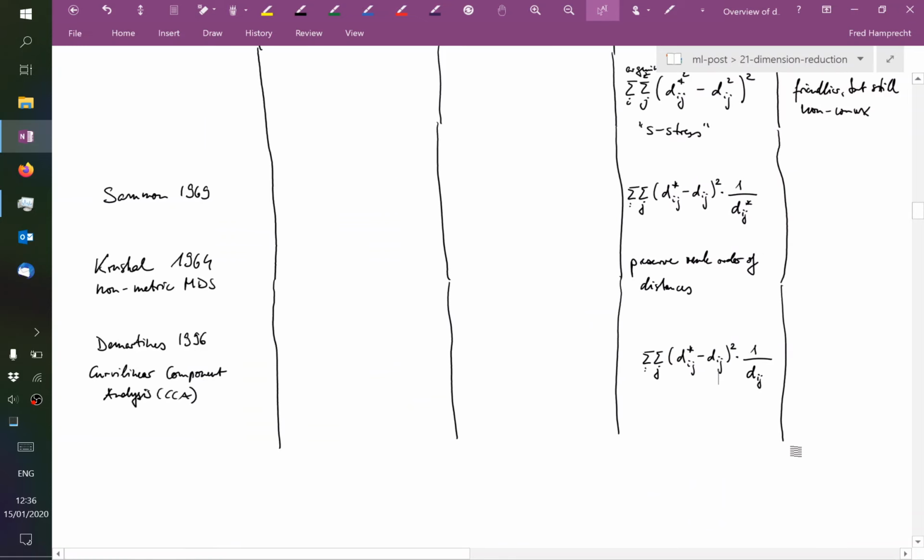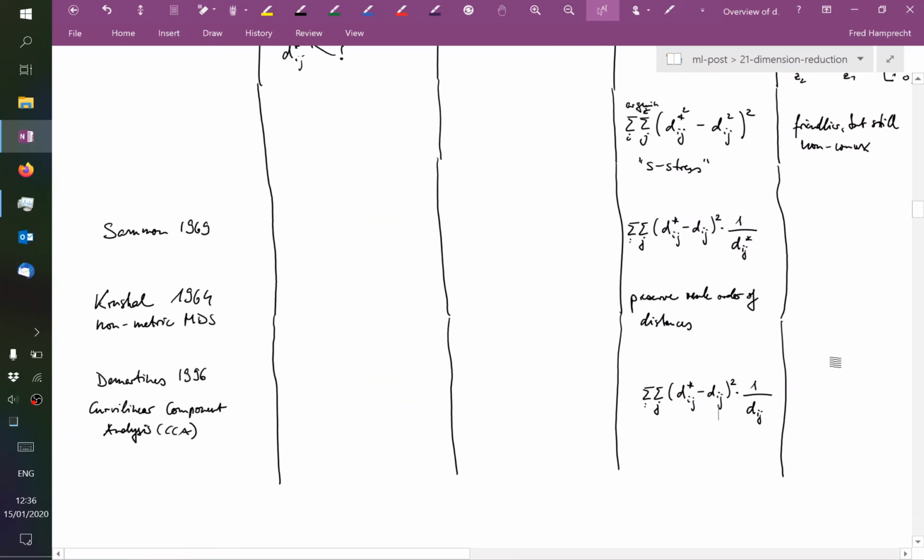So in Sammon, here we had weighting by the high dimensional distances. And here we have weighting by the low dimensional distances.